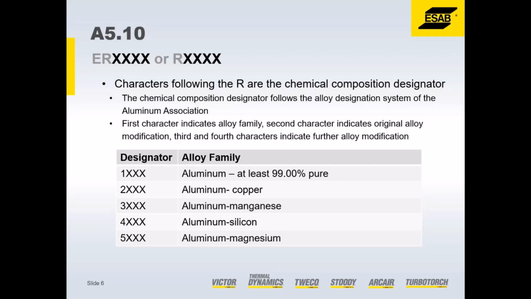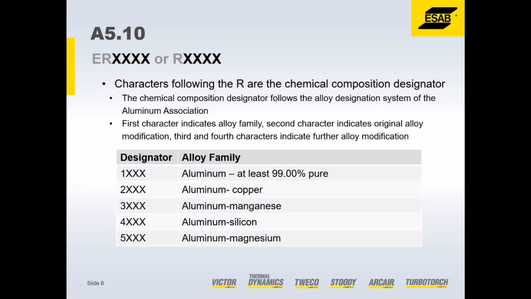You can then break these down further by the remaining digits that are in there. But we do aluminum in a different presentation, so I just wanted to give the high level view here.